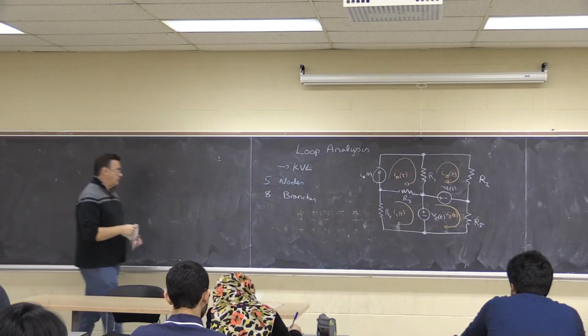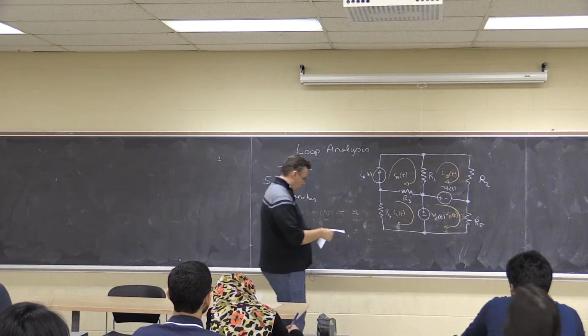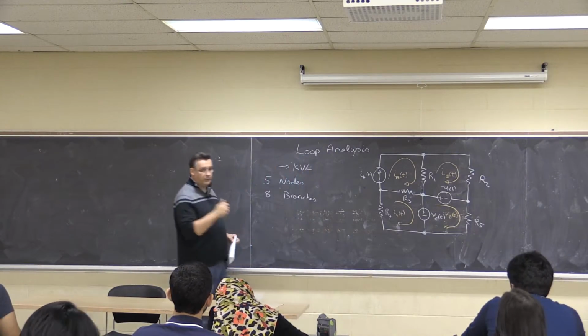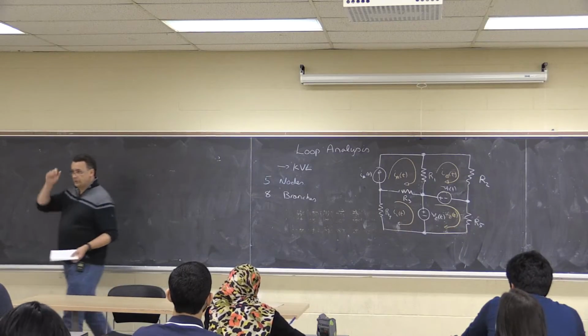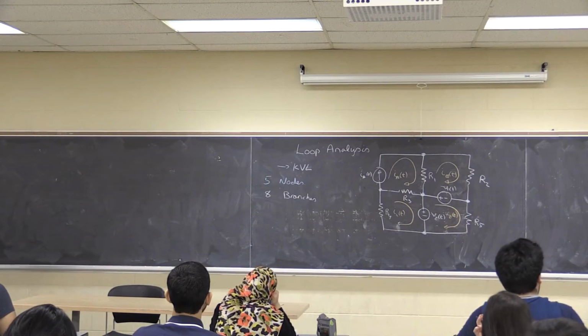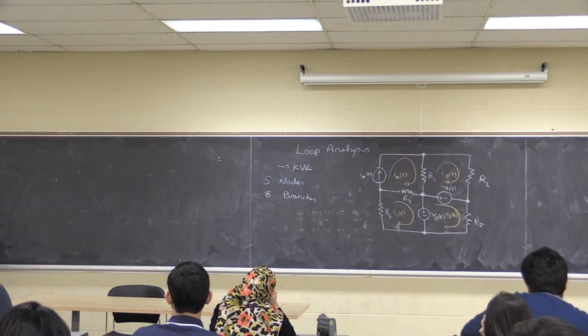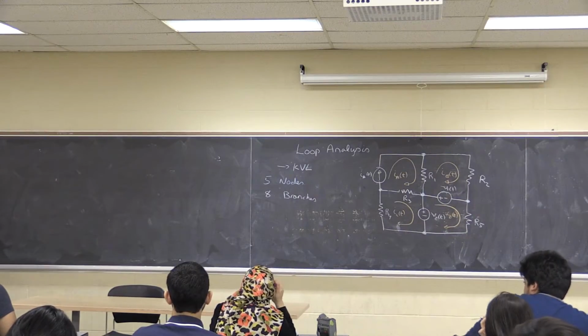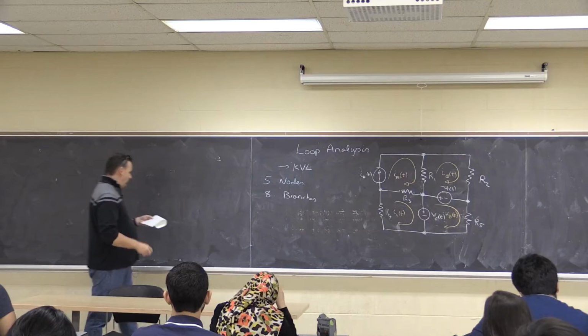And it turns out, more as a sort of ready reckoner for you, that the number of independent equations you can figure out for a particular circuit, you can define if you know the number of branches and the number of nodes.